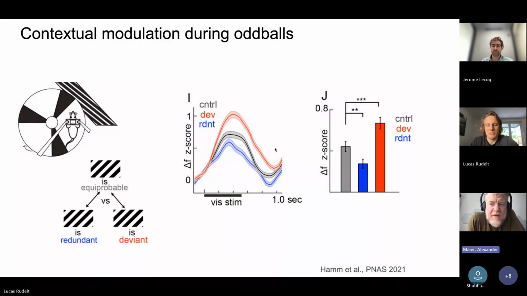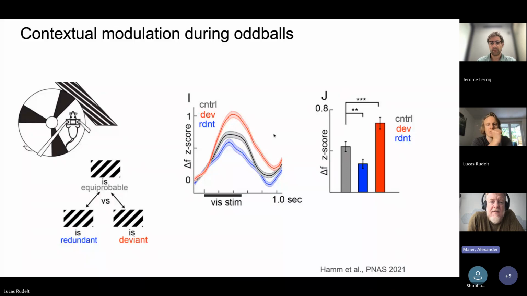Can I ask a quick question? Go ahead. My understanding of the benefit of showing these 3 conditions is the following, and correct me if I'm wrong. If we don't have that control condition, which I think a lot of oddball paradigms lack, then we might run the risk that if the deviant produces a response that's just about as large as the control condition, we might mistake it for an oddball response, but it isn't.